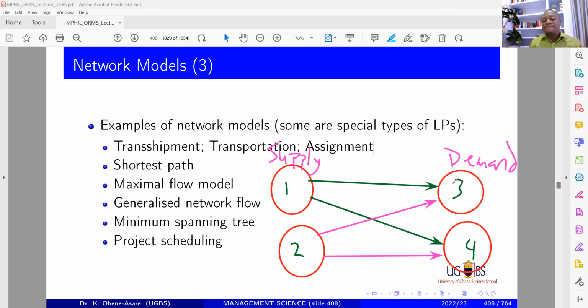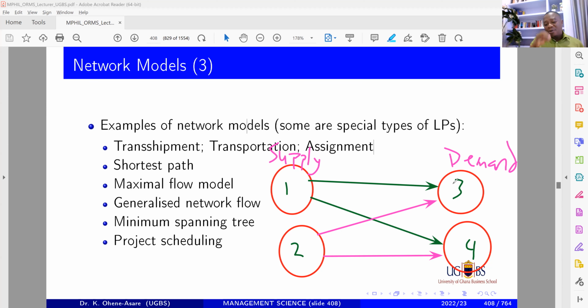Each of the nodes has a meaning. Each of the arcs also has a meaning. So you can have a supply node that is supplying an item. For example, you can have a warehouse in Tema, and this warehouse is supposed to transfer some goods to another warehouse in Kumasi.